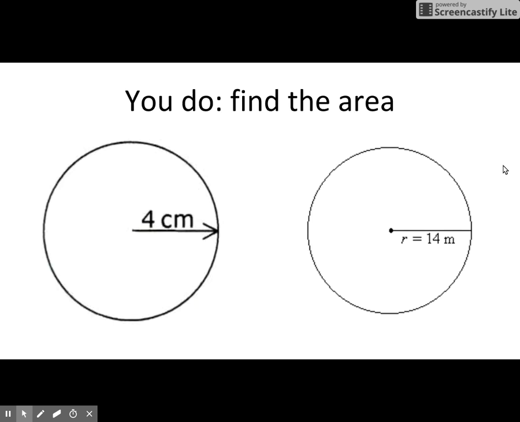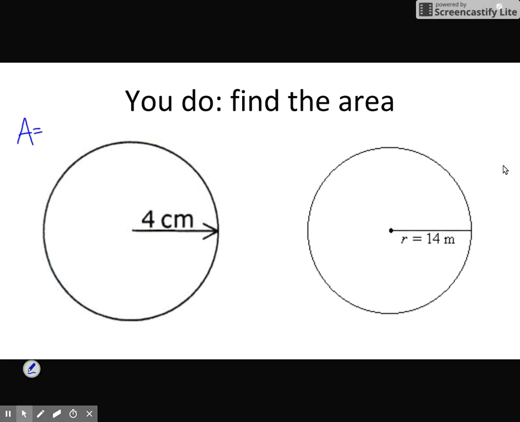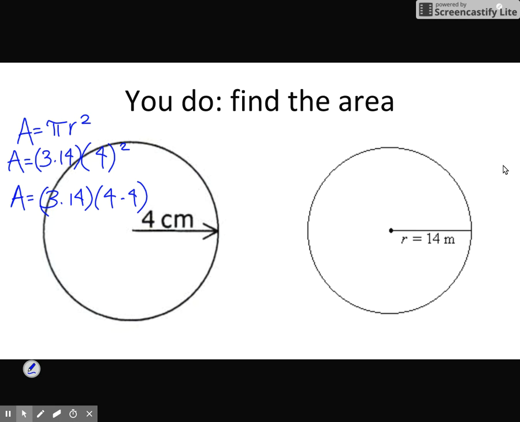Now, time to do a practice problem on our own. You are given two circles here. The first has a radius of 4 centimeters. So we're going to plug into the formula. Area equals pi r squared. So we'll plug in. Pi is 3.14 times 4 squared, which is going to be the same thing as 4 times 4 times 3.14.